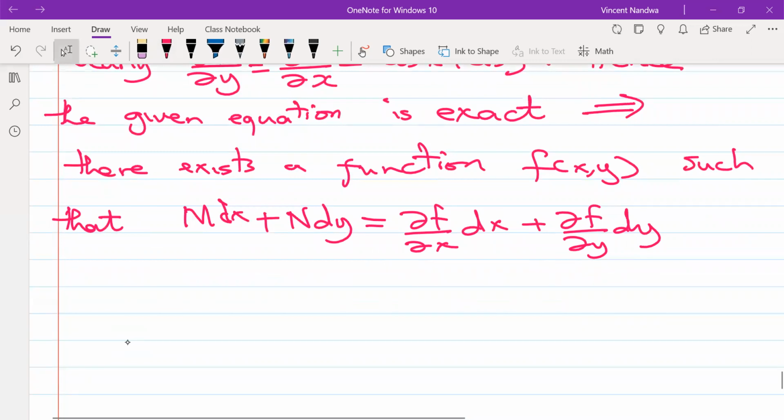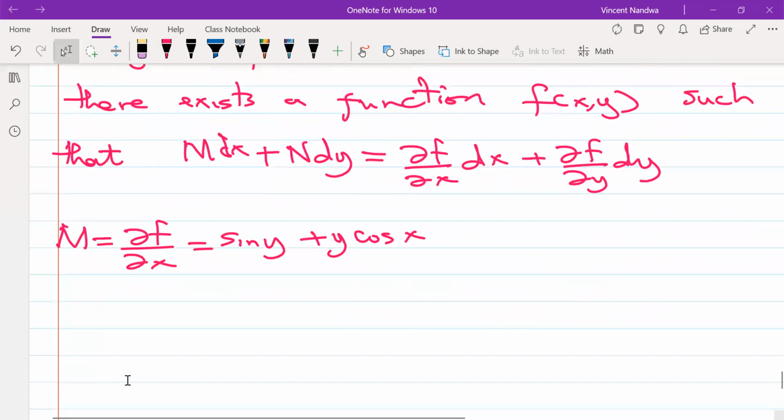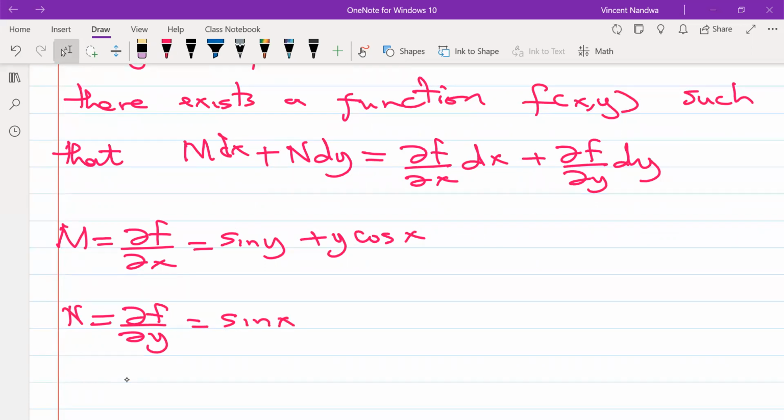So we see that M is partial f partial x, which in this case is given by sine of y plus y cosine of x, and N, which is partial f partial y, is given by sine of x plus x cos of y. So you call this equation 1, you call this equation 2.